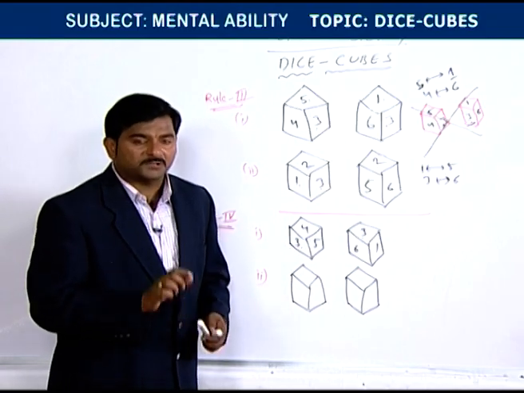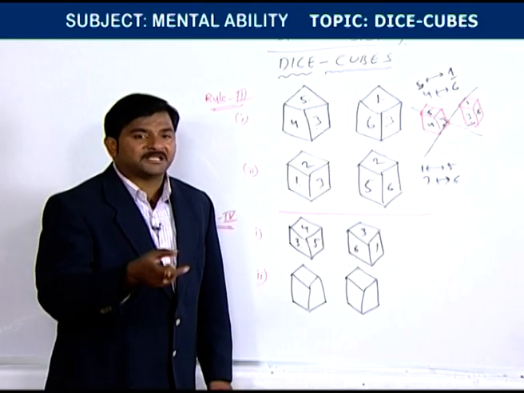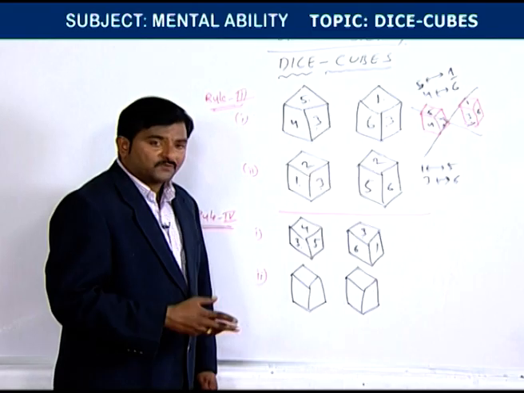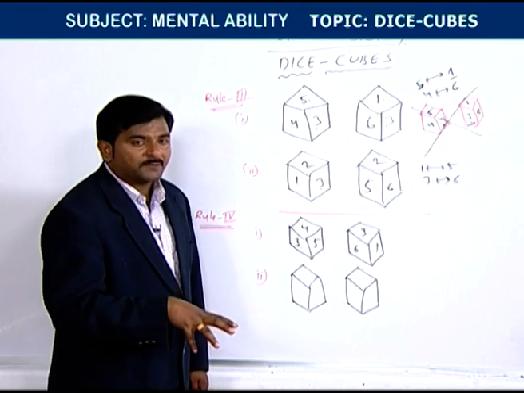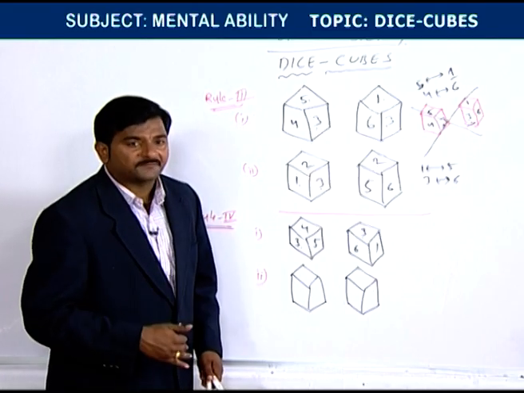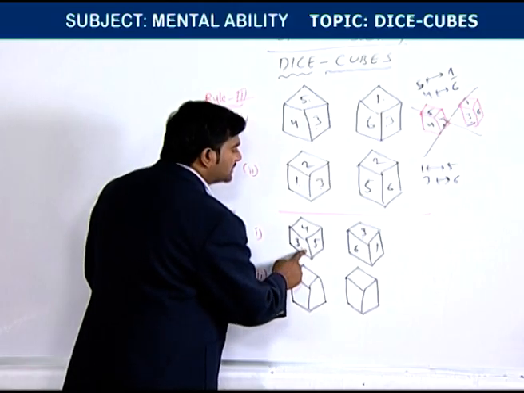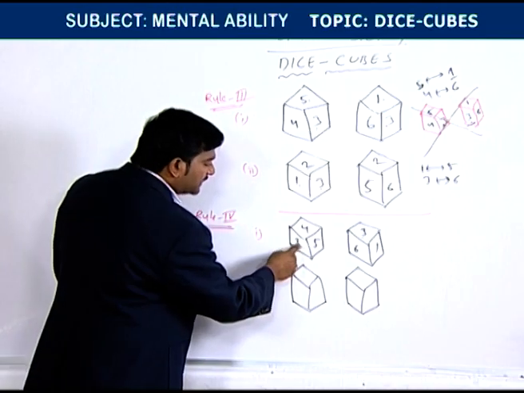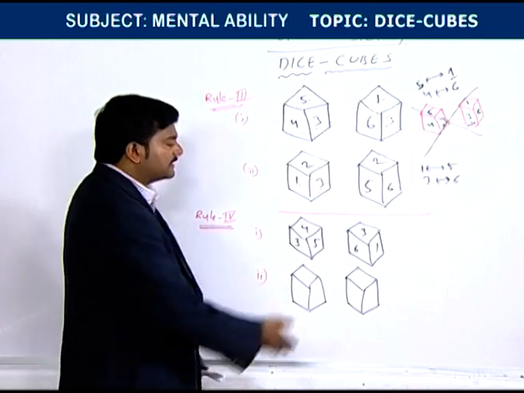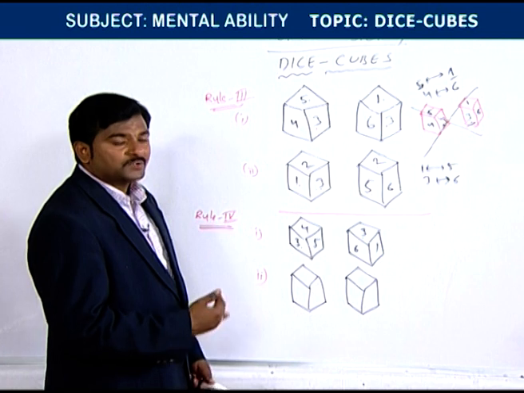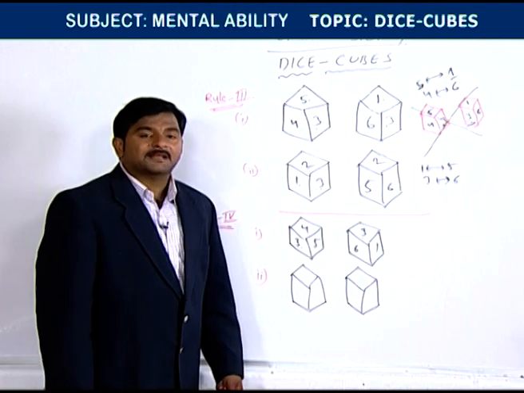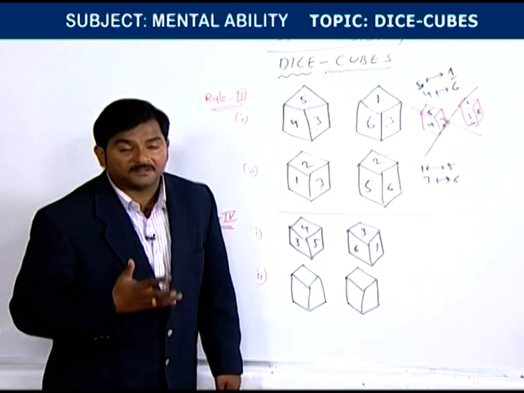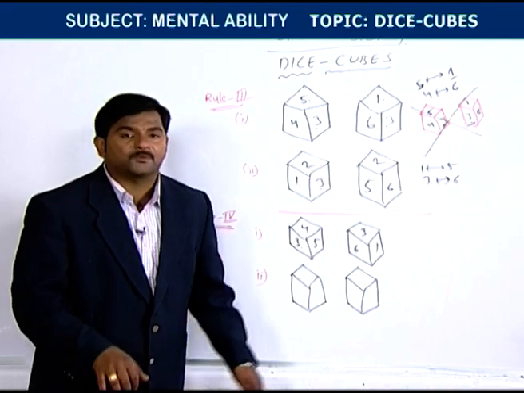No. In rule 3, the common number occupies the same surface in both the cases. But in rule 4, of course one number is common, but this common number is not occupying the same surface. So here 3 is on this surface, whereas in this diagram 3 is on top, and here 3 is on the side, the left side we can say. In that case, the remaining numbers on corresponding faces will never be opposite to each other.